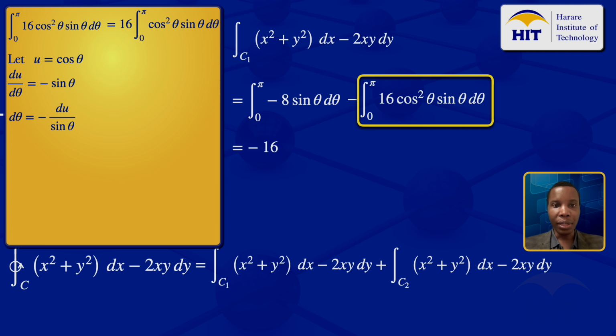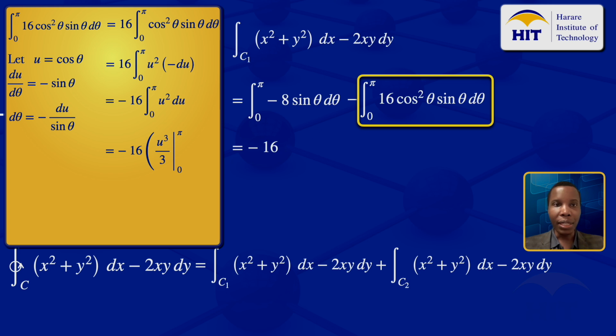So when we substitute this into our integral here, it will give us 16 multiplied by the integral from 0 to pi of u squared times minus du. And we can just rewrite that as minus 16 times the integral of u squared du. The integral of u squared gives us u cubed divided by 3. So our result there is minus 16 u cubed divided by 3, then put the limits 0 to pi.